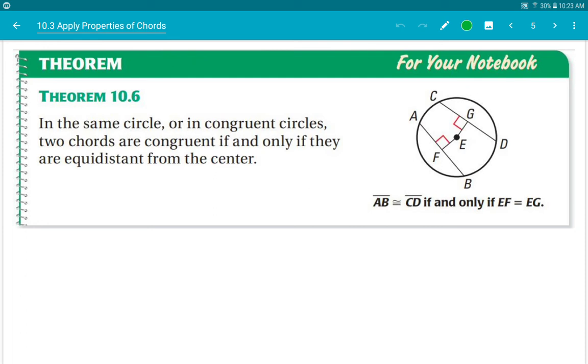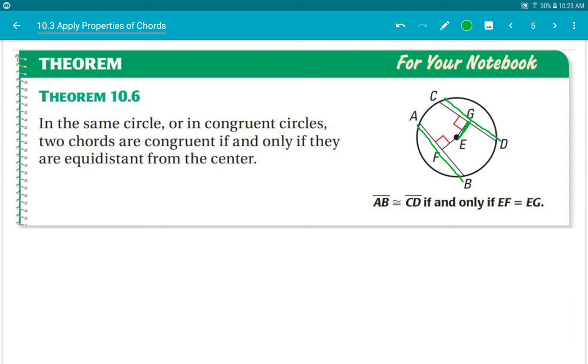This little segment here is perpendicular to the chord, so you're finding the distance from the center to the chord. Now notice, if it's perpendicular in the same circle, then what I know for a fact is that these two chords, AB and CD, are going to be congruent to each other, okay?